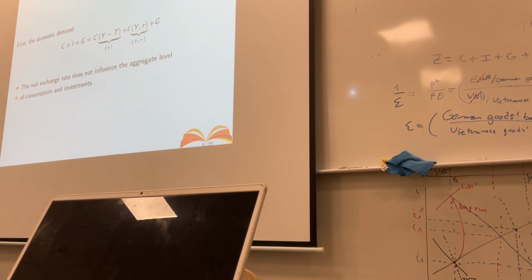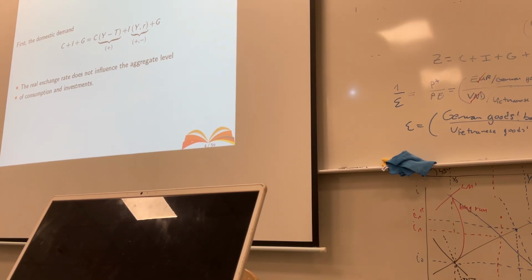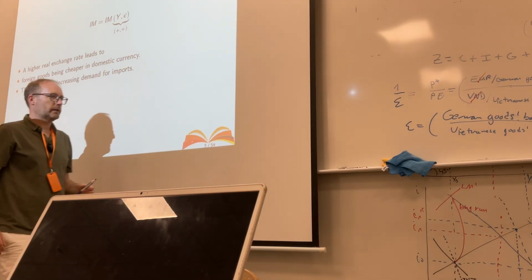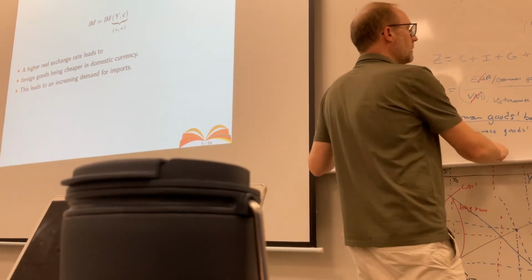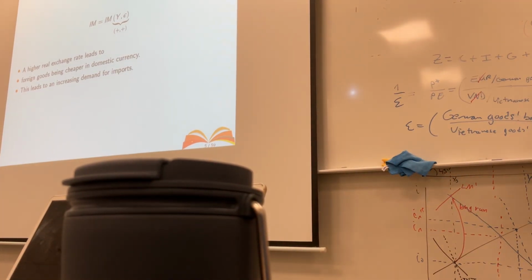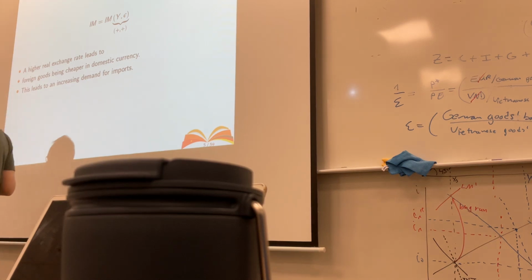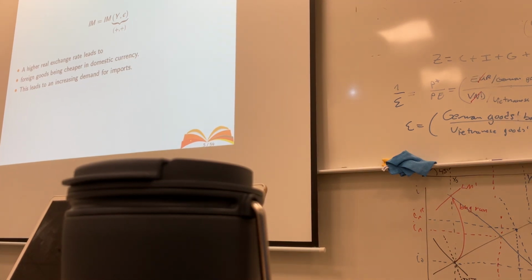Okay, if we look at the domestic demand, this is as before. In the last lecture, the real exchange rate doesn't matter. But now we want to look at how objects depend on things like the real exchange rate and income. All right, so the first thing, our imports, let's look at how it depends on Y, our domestic income.